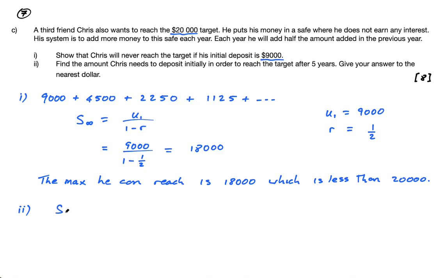So the sum for a geometric sequence is U1 times 1 minus r to the power of n, over 1 minus r. In our situation here, we have first term 9,000. Our common ratio is a half. Our n is 5. This is 5 years.